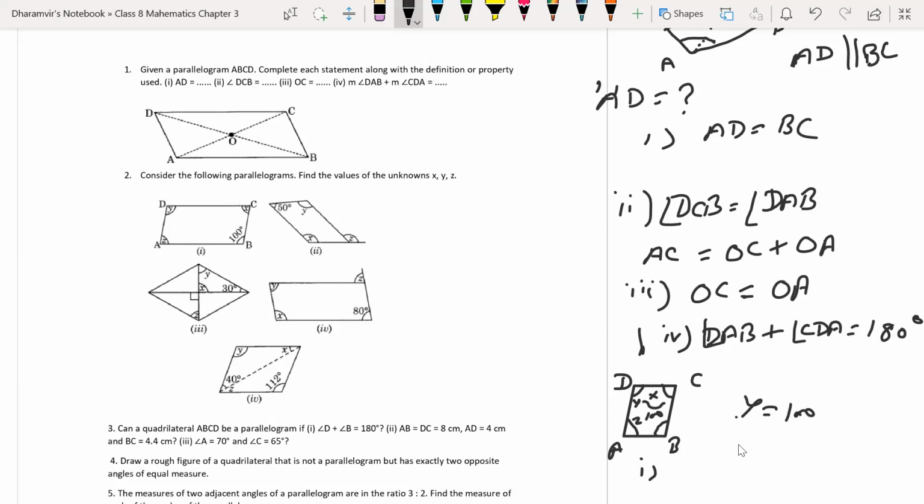The sum of the adjacent angles in a parallelogram is 180 degree, or we can state that adjacent angles in a parallelogram are supplementary.